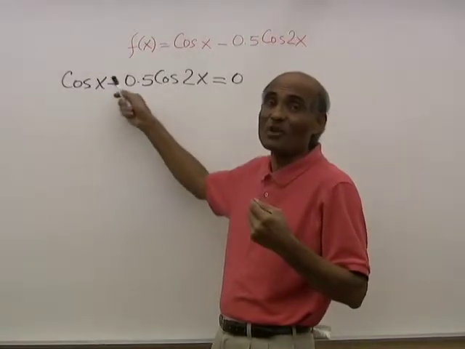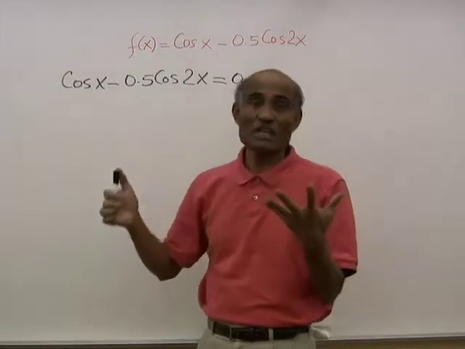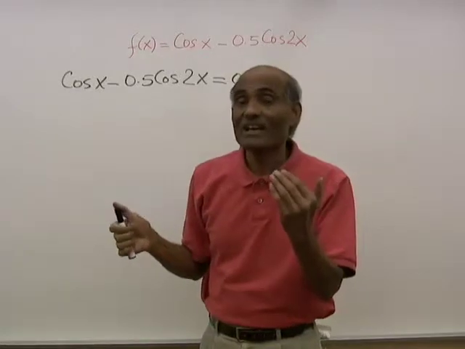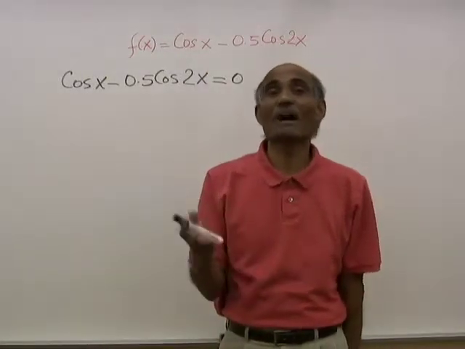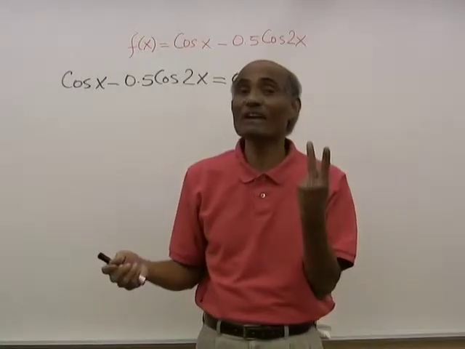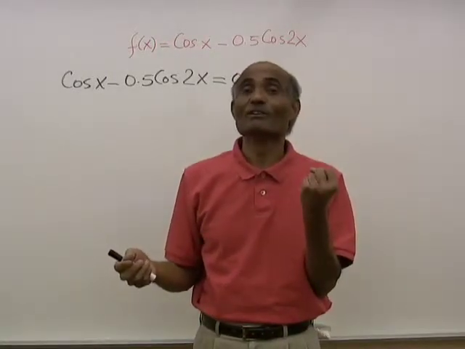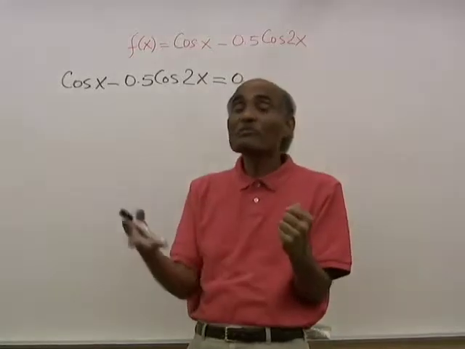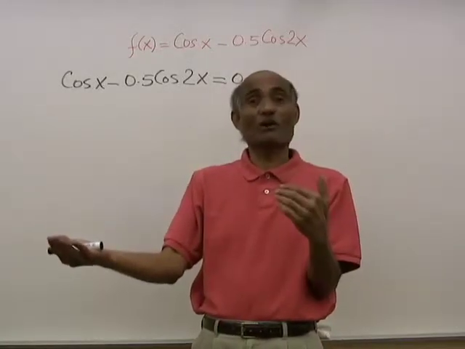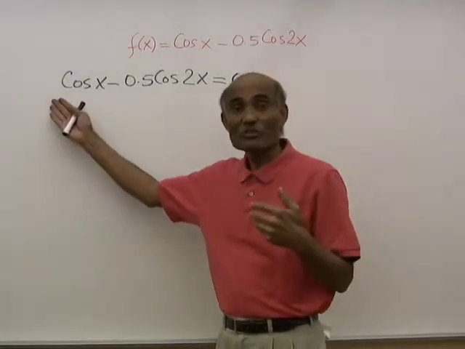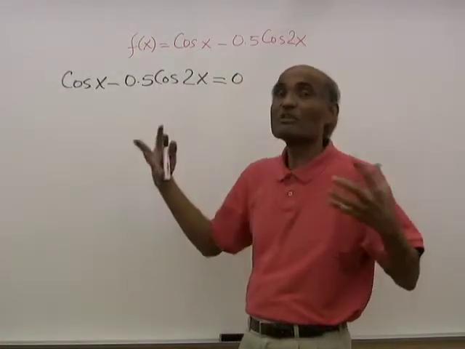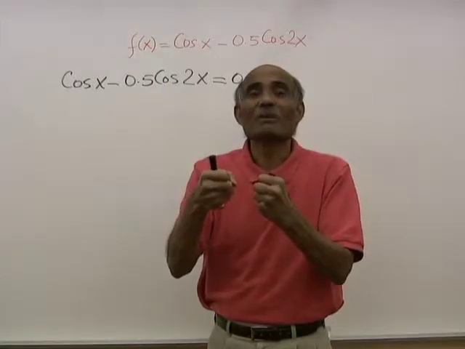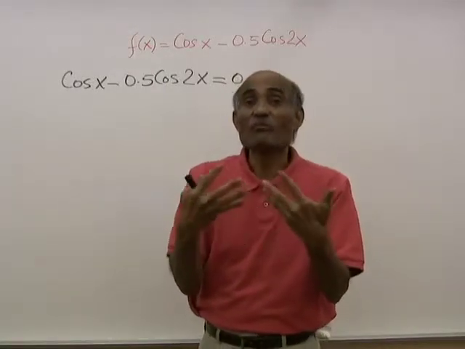Because you cannot solve, you see, it's like x plus y equal to 2. Can you solve x plus y equal to 2 and find the value of x? No. X plus 2x equal to 0 you can solve. In the same way, if this is cos x, this also must be cos x. So you need to reduce the trigonometric ratios in the same form.